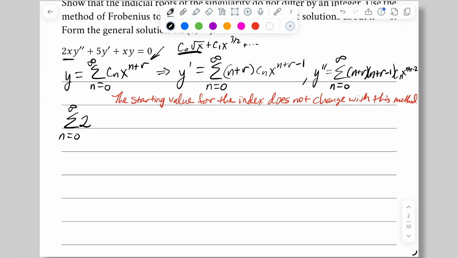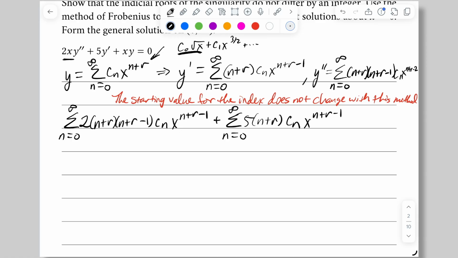So inside the sigma, our expression is 2 times n plus r times n plus r minus 1, c sub n x to the n plus r minus 1. Next, the term plus 5y prime is going to give us the sum as n goes from 0 to infinity of 5 times n plus r, c sub n x to the n plus r minus 1.